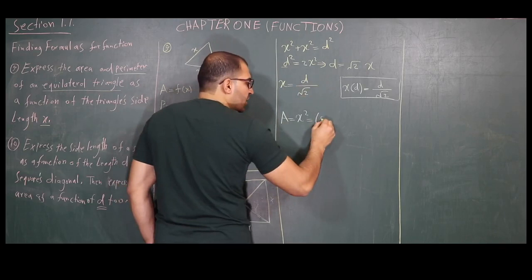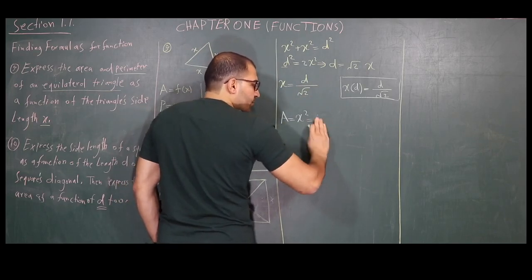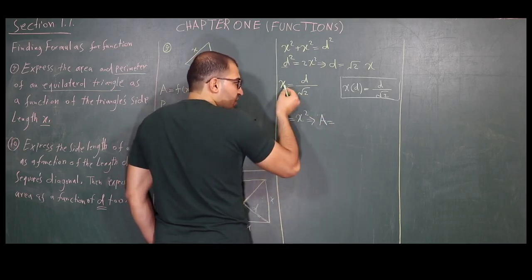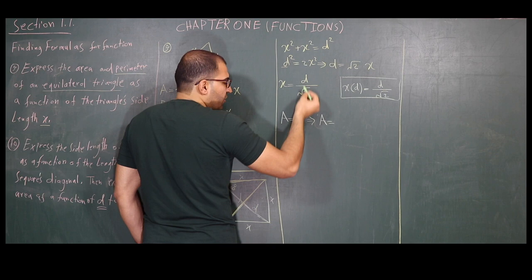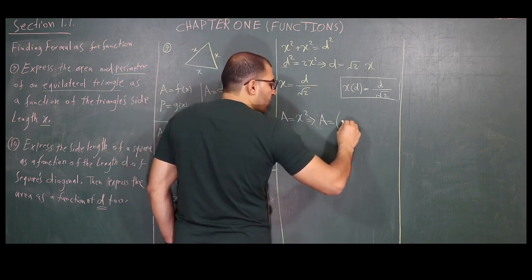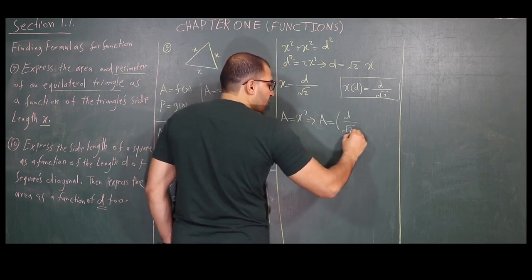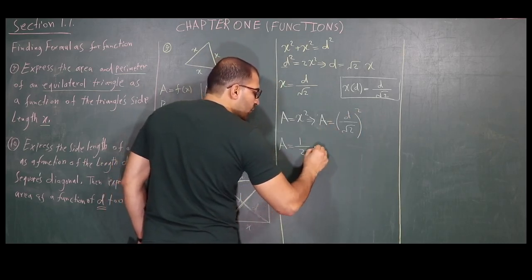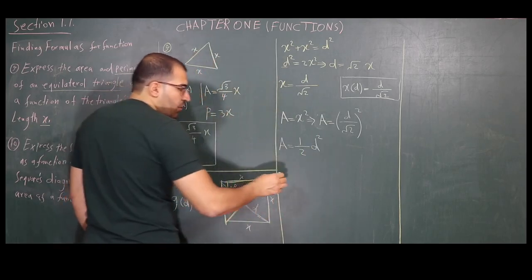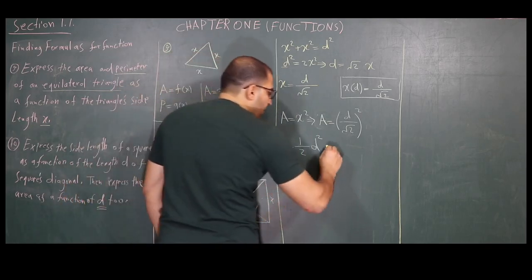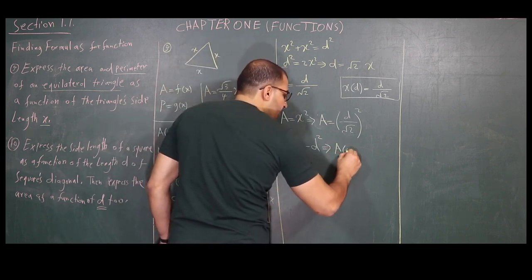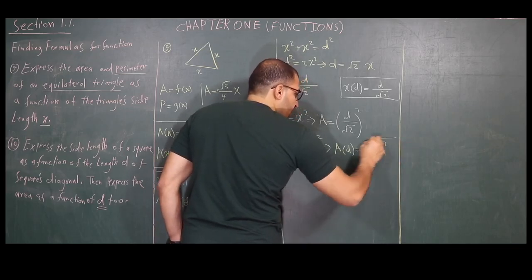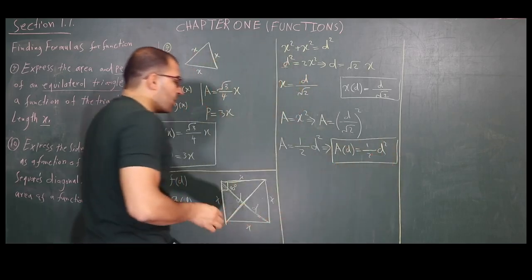So x equals D divided by the square root of 2, which means A equals D squared over 2. So A equals 1/2 D squared. So now in this step, I expressed A as a function that depends on the variable D.